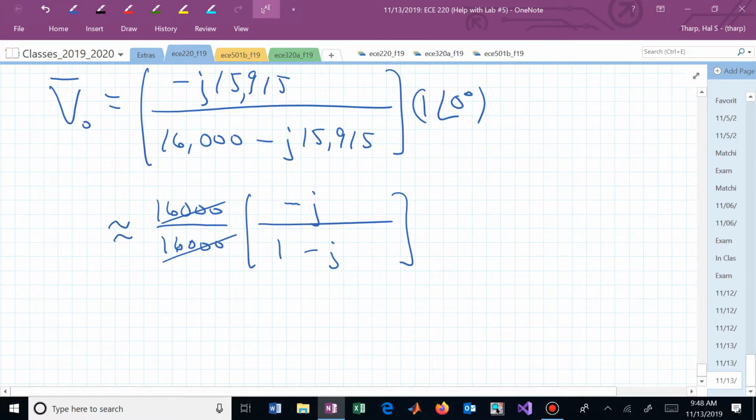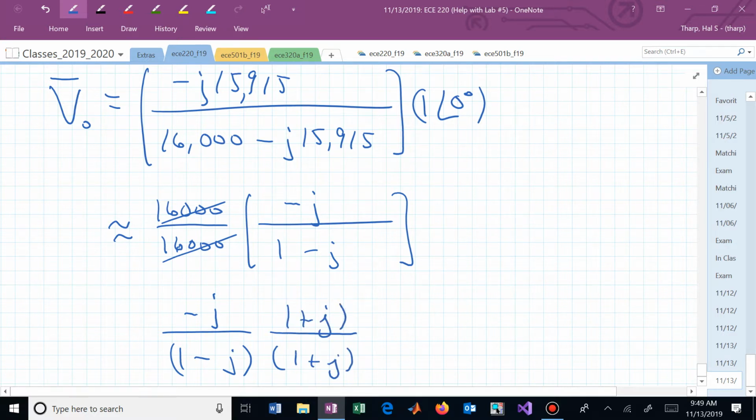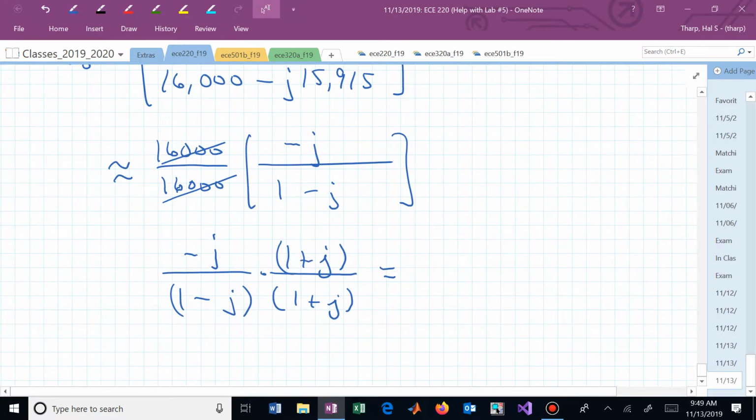And what is minus j? Let's just do it the old school way. Let's rationalize the denominator by multiplying by its conjugate. We now have minus j minus j squared upstairs, and downstairs we have 1 plus j minus j squared.